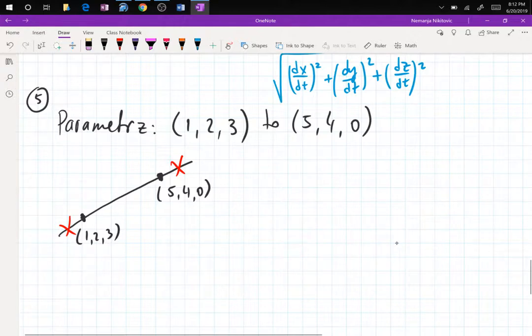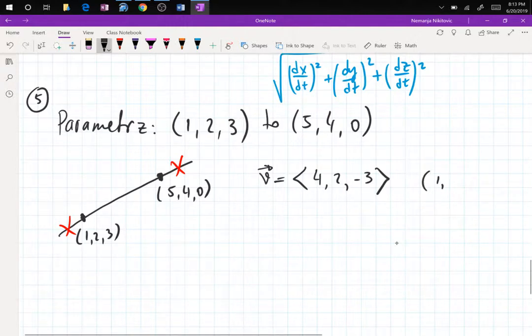That was your first exam. Vectors. Yes, thank you. Find the vector v which stretches between these two, then use 1, 2, 3 as a fixed point and shoot the vector through it. So the vector v is 5 minus 1 is 4, 4 minus 2 is 2, 0 minus 3 is negative 3.